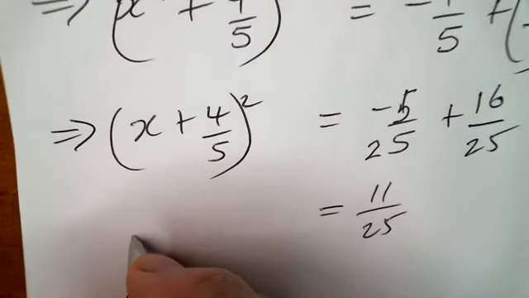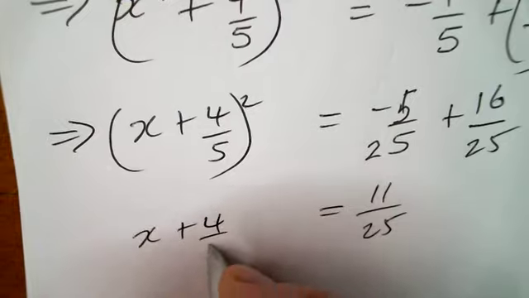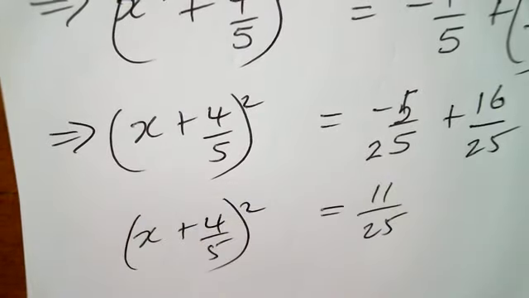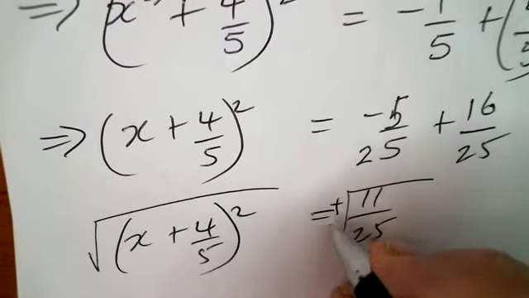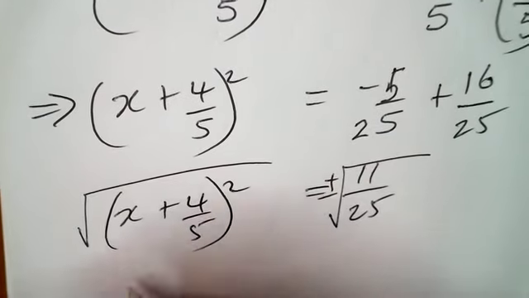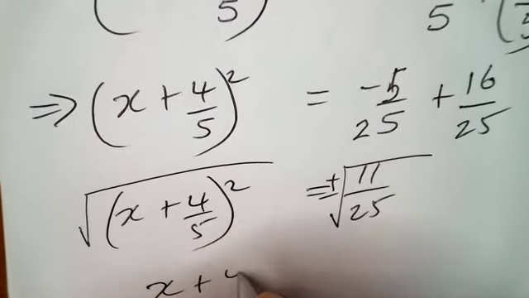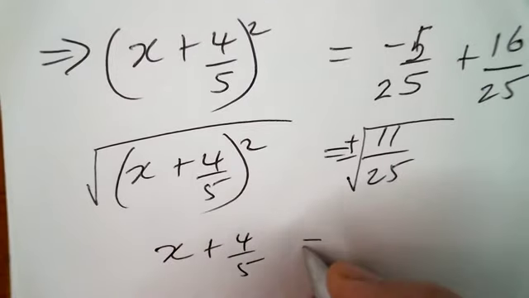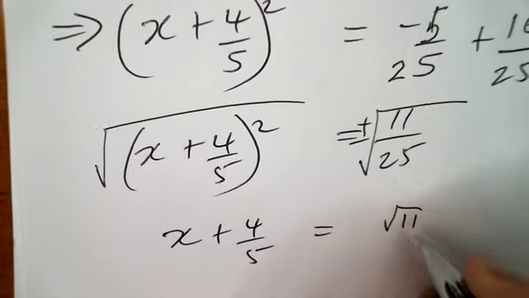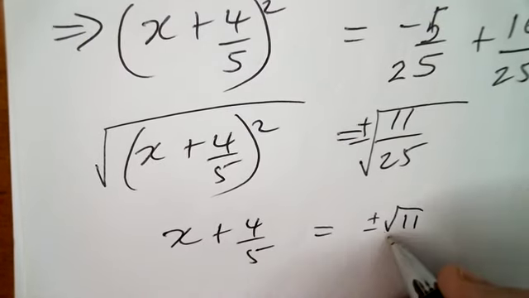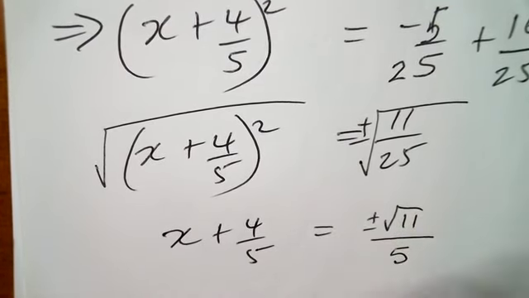So now I've got x plus 4/5 all squared. Now I'm going to find the square root of this side, find the square root of this side, add my plus and minus. So I've got x plus 4/5 is equal to, and again, this is going to be plus or minus root 11 on 5.